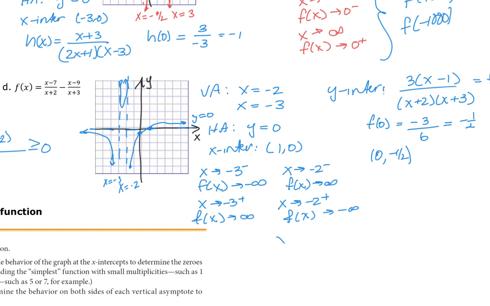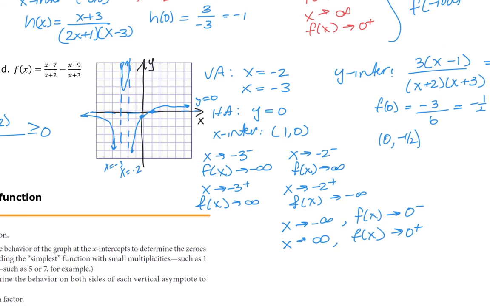Based on my graph, as x goes to -infinity, since I have no other x-intercepts, my function is going to approach 0 from below. As x approaches +infinity, my function is going to approach 0 from above because I have no other x-intercepts.